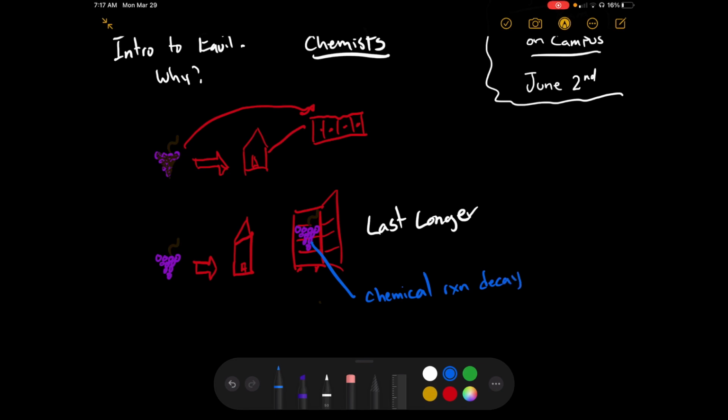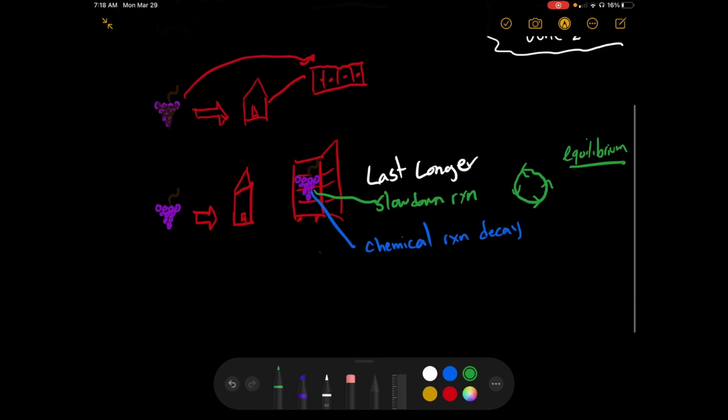But when we introduce them to the cooler temperature, we are able to slow down this chemical reaction and basically keep it in a cycle. Now, I know this breaks down, but we keep it in a cycle of what we call equilibrium. And it maintains its brilliant grapey taste.